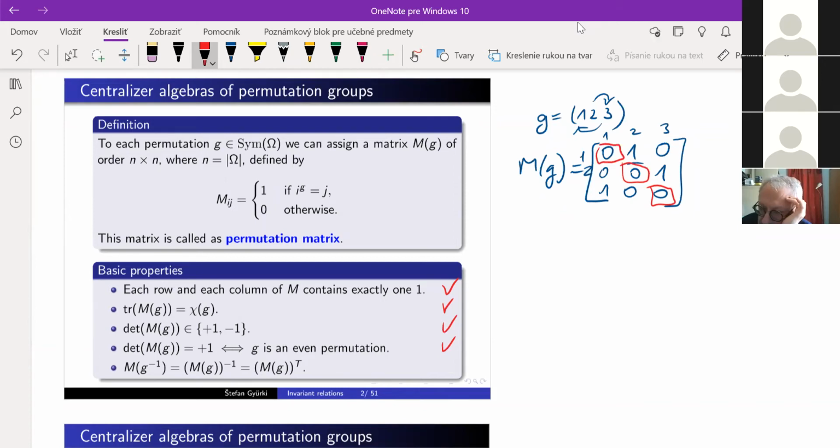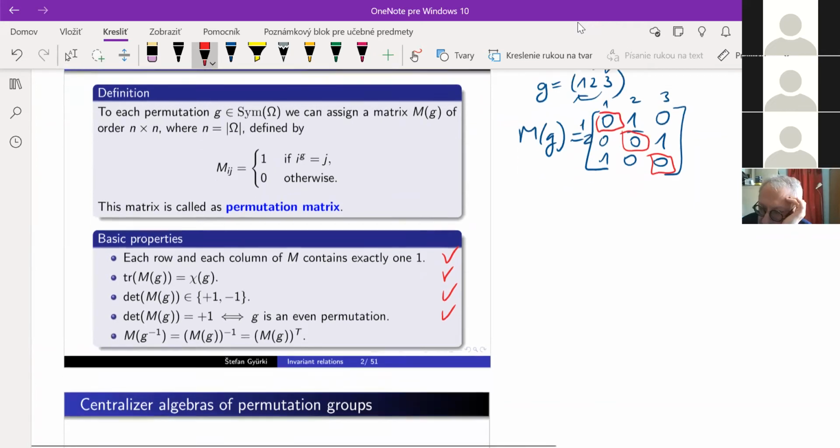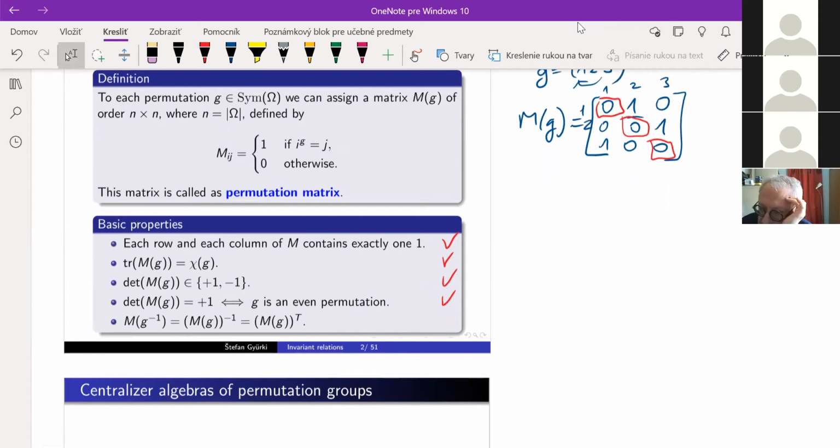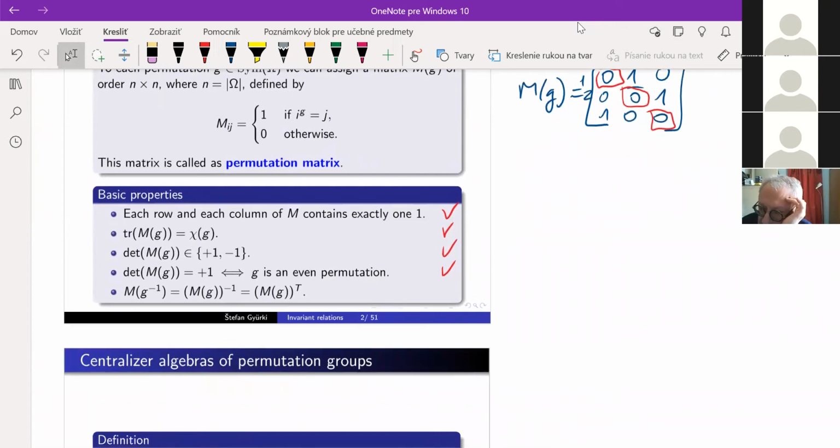Again, it is a very easy exercise to prove that this happens. It is enough to know the basic properties of the determinants. And also, it is very easy observation to see that the inverse permutation has a permutation matrix which is transposed to the permutation matrix of the original permutation.